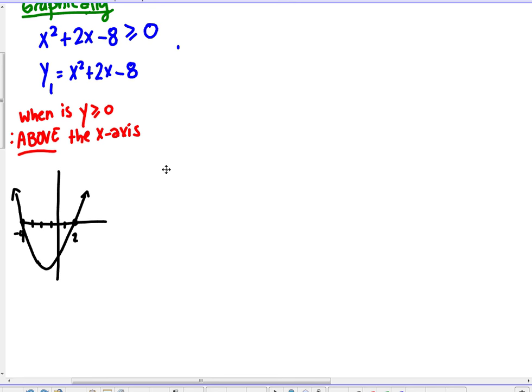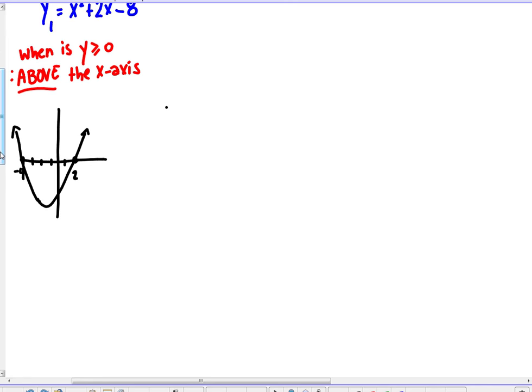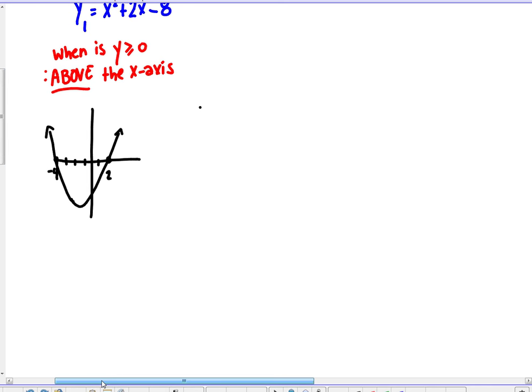So when is the graph above the x-axis? What portion? Our graph is above the x-axis here and here.